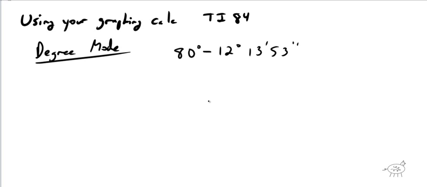Remember you had to make 80 degrees into 79 degrees, 59 minutes, 60 seconds, and then subtract. Our answer came out to be 67 degrees, 46 minutes, 7 seconds. Let's check it with the graphing calculator.